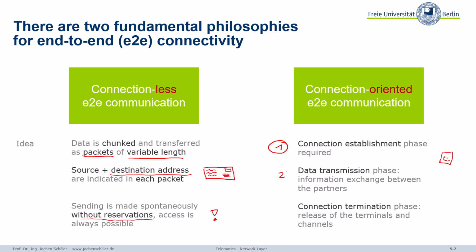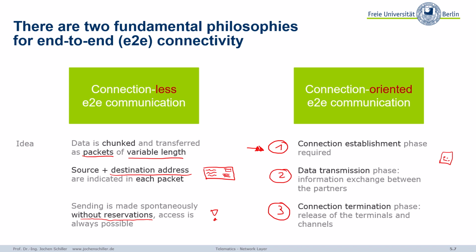Then you can talk, you can transmit data, information exchange, and then you hang up the phone. That's the third phase. So we have three phases: connection establishment, data transmission, connection termination. So you cannot spontaneously transmit data, but you always first have to set up a connection.